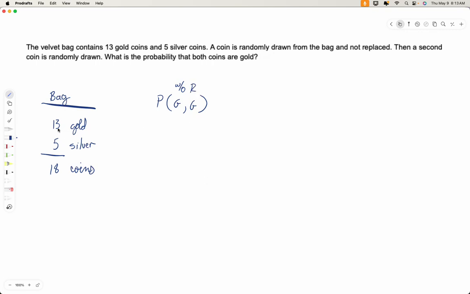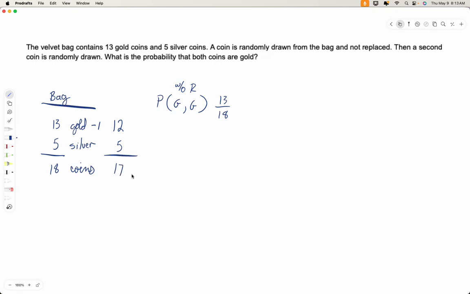So when we take the first gold coin out, we have a probability. There's 13 gold out of a total of 18, so it's 13 over 18, okay? But when we take that one gold coin out, now we have 12 gold coins and 5 silver coins for a total of 17 coins.